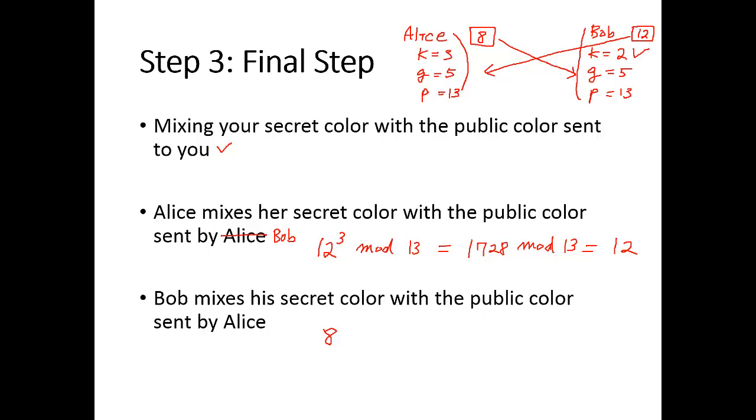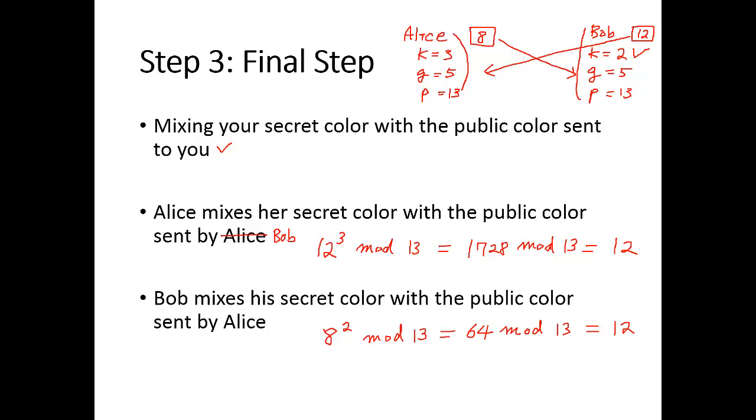So we will use power of 2 and mod 13. So this is an easy number to work with. So 8 to the power of 2 is 64, and then mod 13, which gives you number 12.